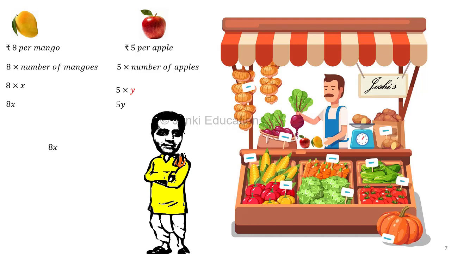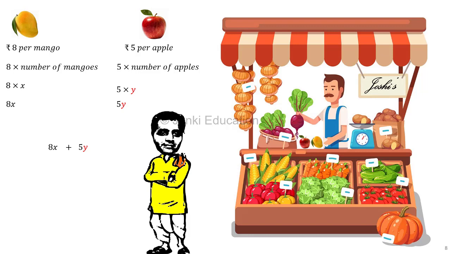Now, 8x represents the amount paid for purchasing mangoes, and 5y shows the amount paid for purchasing apples. And if this gentleman purchased both things, then he will be paying 8x plus 5y. Hope you are clear up to here?